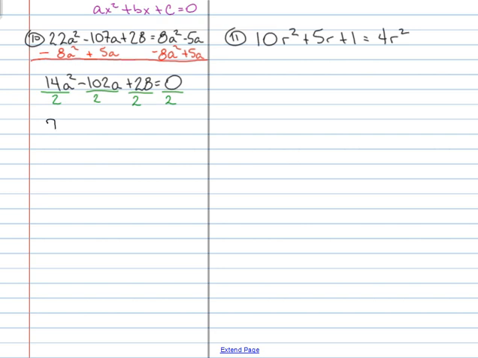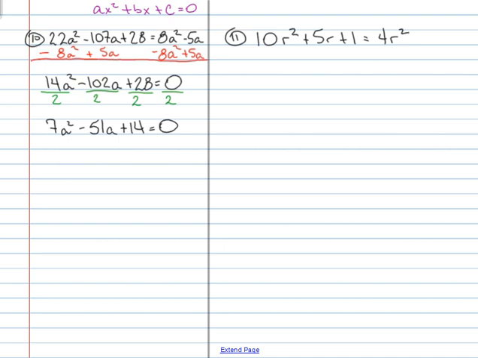Here I have 7a squared minus, not 102, I divided it by 2, 51a plus 14 is equal to 0.